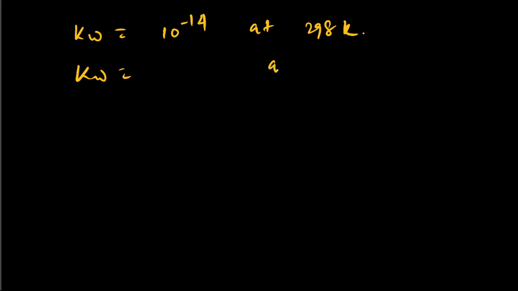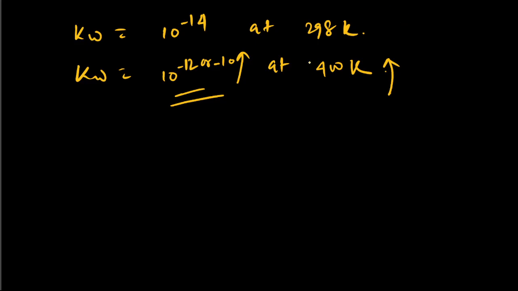And suppose we increase the temperature, like to 400 Kelvin, then this value also increases. It may become 10 raised to minus 12 or minus 10, something like that. This is because it is an endothermic reaction, since heat is needed for dissociation. For endothermic reactions, if temperature increases, then Kw also increases.